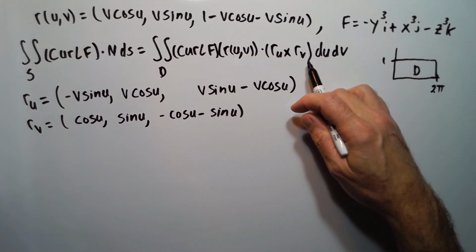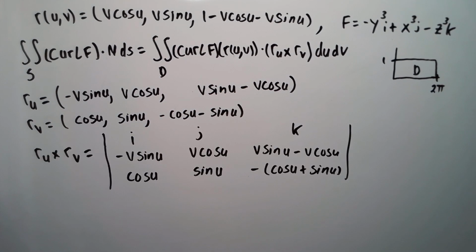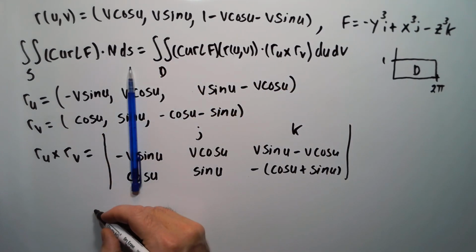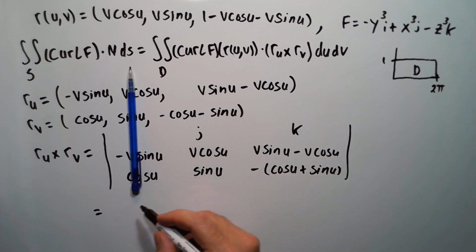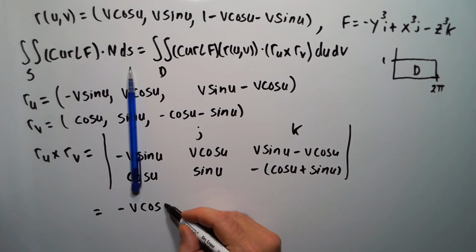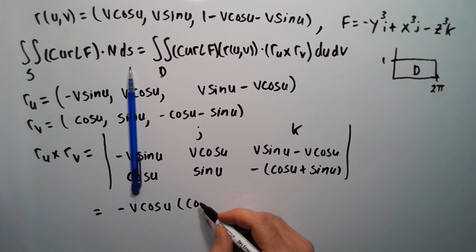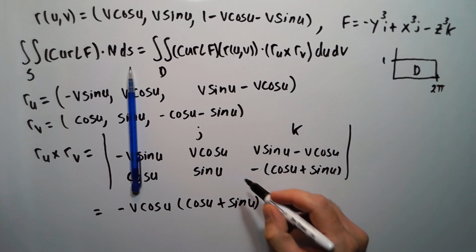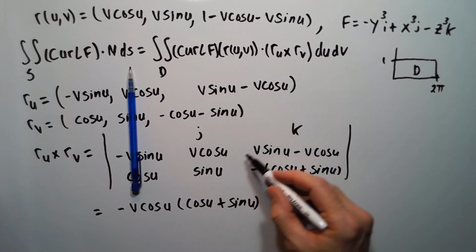So ru cross rv. So the cross product would look like this. Okay, so I have my ru and then my rv down here. So let's start doing it. We'll do the i component first. That will be equal to here, this times that. So it will be, pull a minus out in front, minus v cosine of u times cosine of u plus sine u times that, then minus that times that.